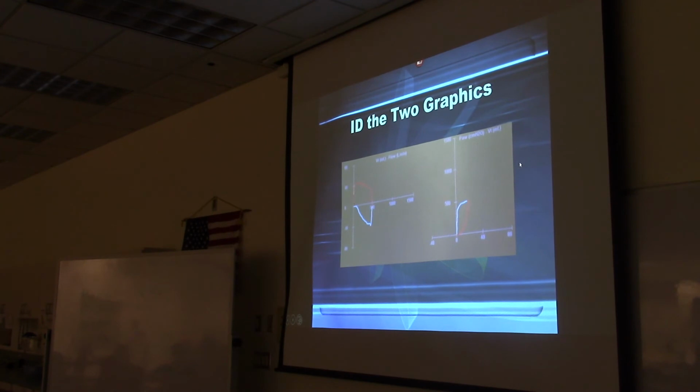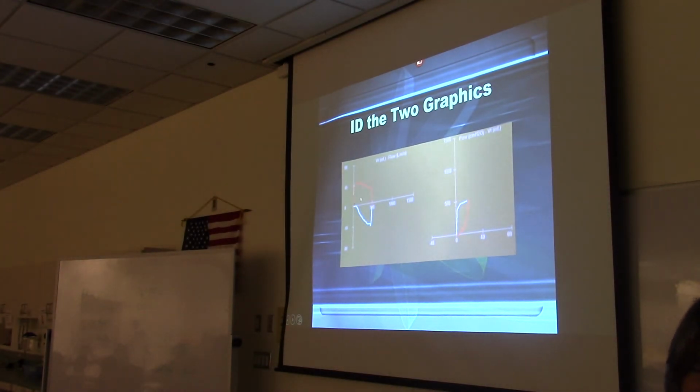All right, identify the two graphics. We'll start with the one on the left. What are we looking at? You can look in your notes. Flow versus volume? Yes, that's the flow volume loop. Very good. And how much volume was delivered? It's kind of hard to see that number, isn't it?